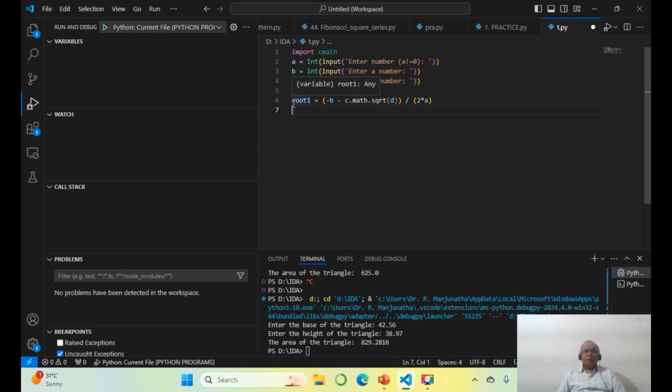Then again I am going to copy the same thing. Control C. I will take root 1, I will take root 2 here. Then instead of minus I will take plus here.